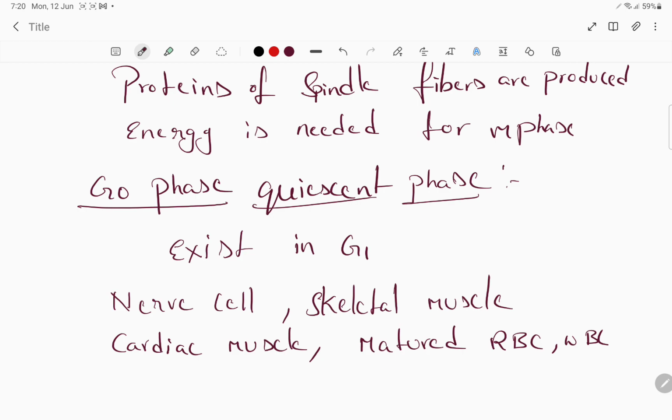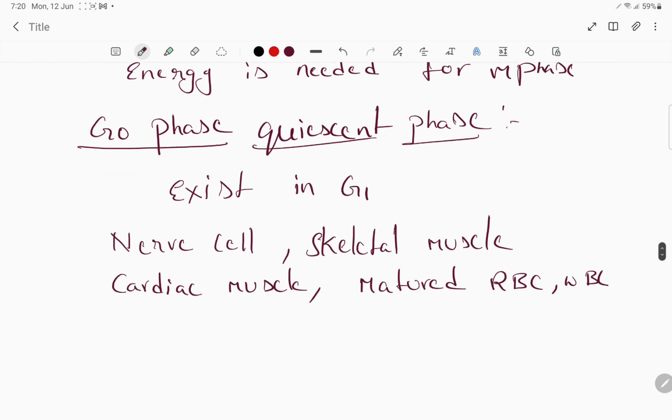Some cells in G0, if stimulated, will return to the cell cycle, like fibroblasts and parenchyma, to form secondary meristems, and ligaments after a ligament tear.